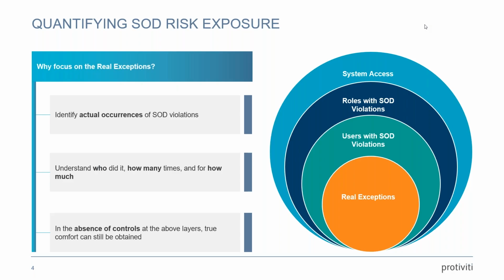Who did get into transactions. But that real exception, that last circle, is where it's really important to identify when someone created a vendor, paid that same vendor, how much was that payment, and really focus in on the exposure the company has, because someone has SOD access and they're processing SOD transactions.